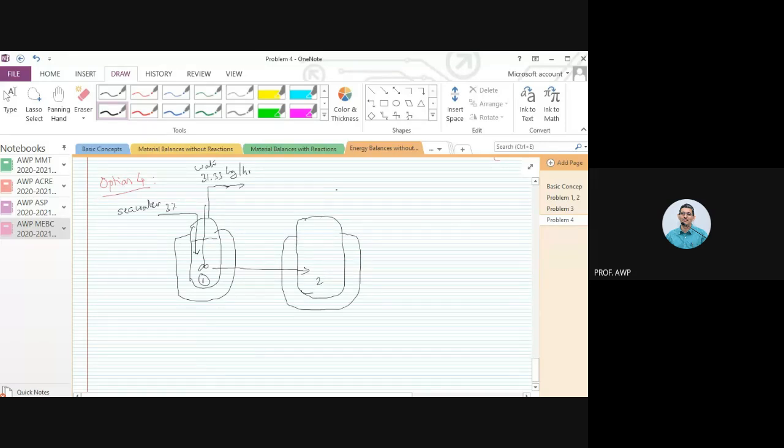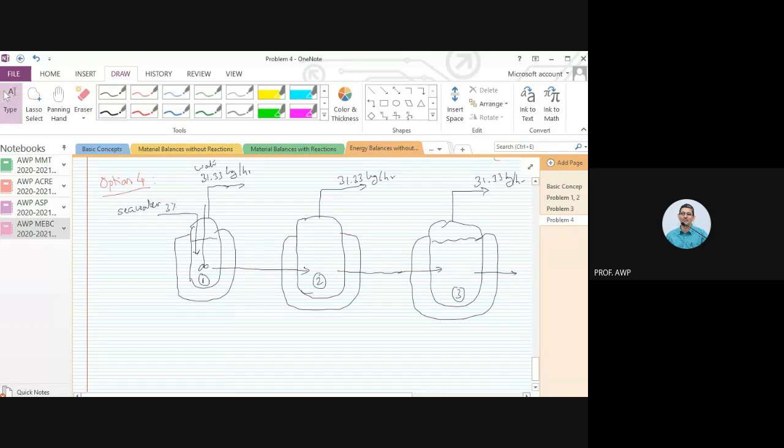We will again evaporate 31.33 kg here. This solution we will put in another evaporator. Here also we will evaporate 31.33 kg per hour. And then I will get 50% salt solution.